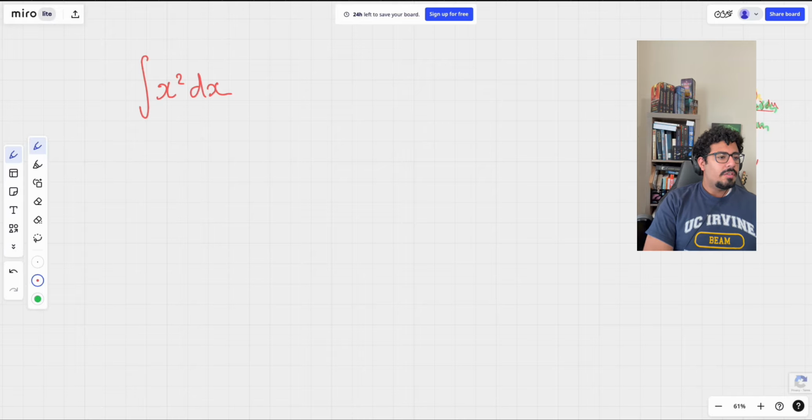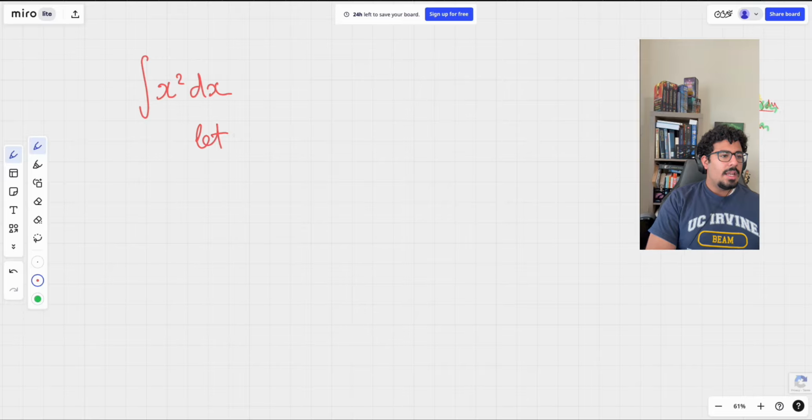Okay, so instead of setting x here, let x equal the square root of u. We go through the process again. dx equals 1 over 2 square root of u du.